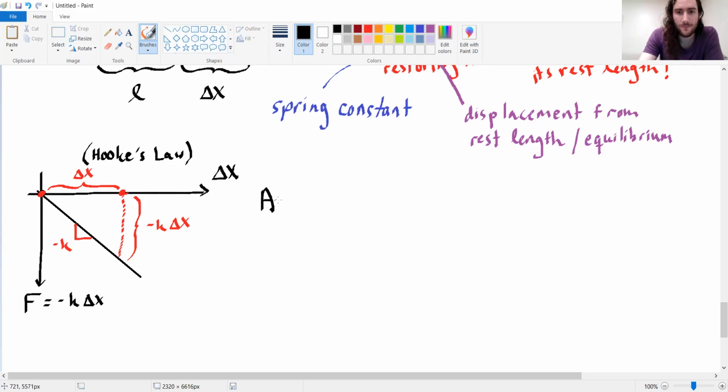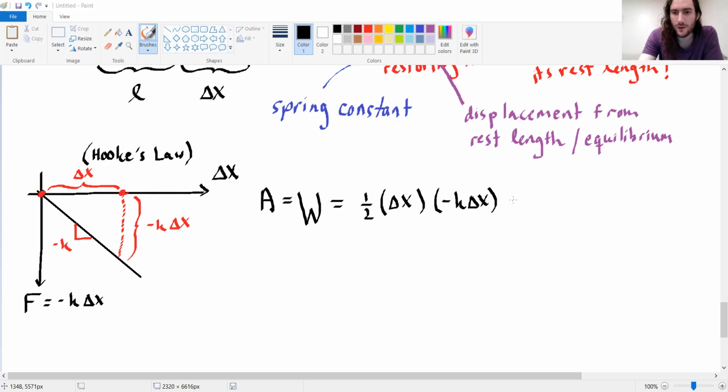So the area, which is going to be the work, that's going to be 1/2 times the base delta x times the height, which is minus k times delta x.